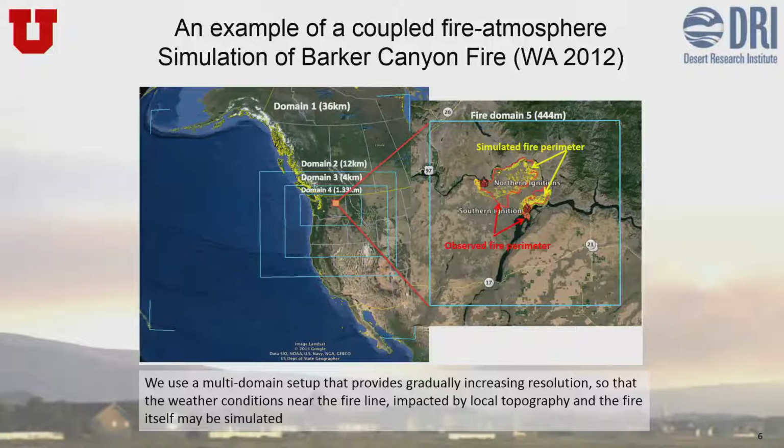And here you see this really small orange box just in the middle. That's the actual fire domain, which is embedded within a set of those outer domains, which resolve all large-scale processes important from the weather standpoint to actually provide correct weather information at the boundaries of this super small fire domain.